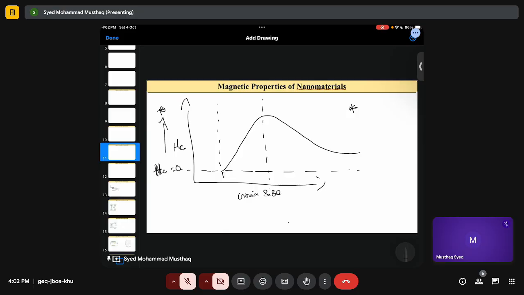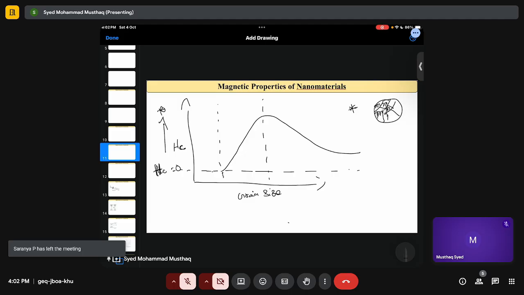Now, suppose I have a big grain, suppose my grain size is very large. Inside the grain I will have domains, just like the polycrystalline grains, inside a single grain.